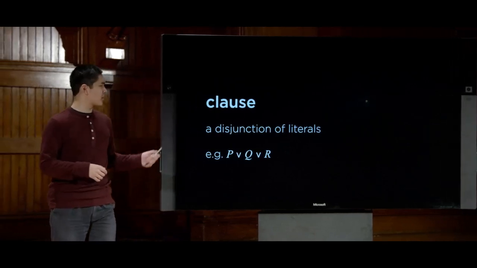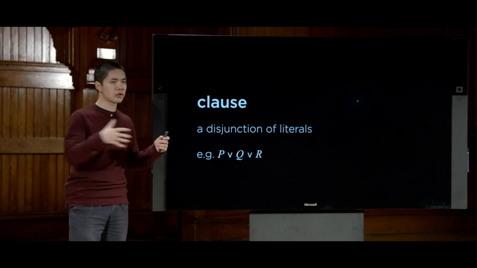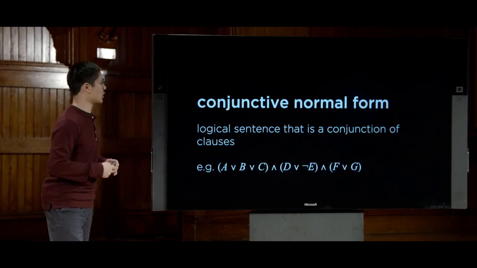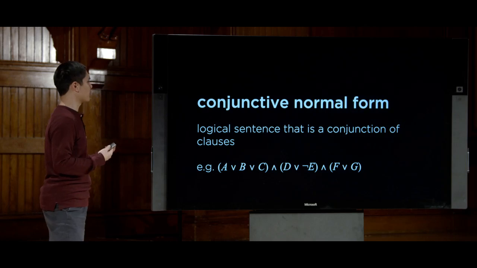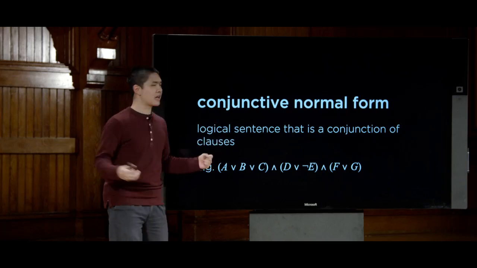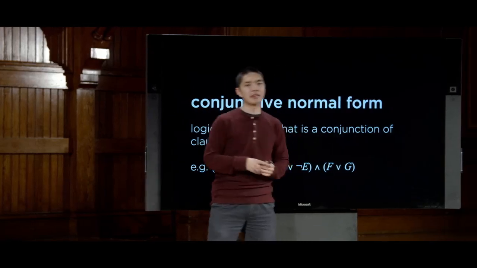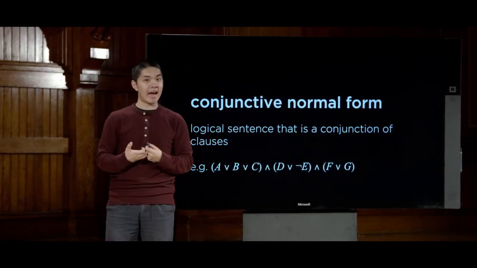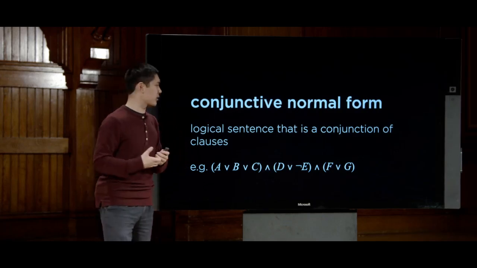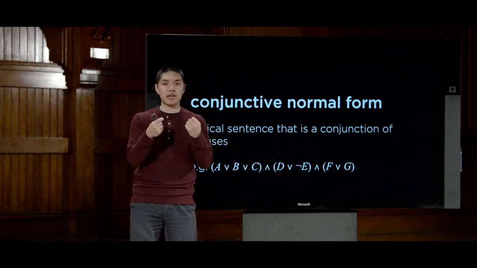Meanwhile, what this gives us is an ability to turn any logical sentence into something called conjunctive normal form. A conjunctive normal form sentence is a logical sentence that is a conjunction of clauses. Recall again, conjunction means things are connected to one another using and, so a conjunction of clauses means that it is an and of individual clauses, each of which has ors in it.